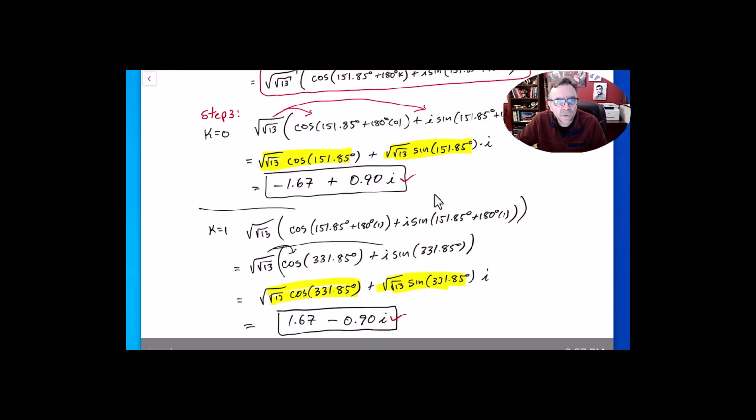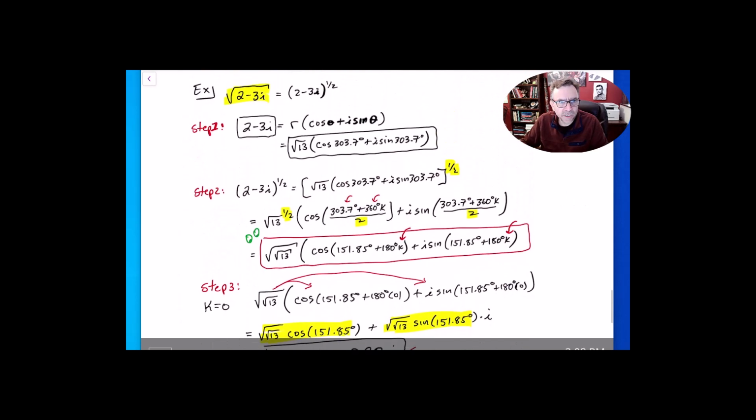Awesome. Okay, so I know that's kind of complicated, but you can take it slow. Just as a quick recap, you want to write the radical to the 1/2 power. Get the trig form, that's step number 1. Once you get the trig form, you can apply DeMoivre's theorem for roots. It looks a little different. It's got this plus 360k going on. So when we divide both of those by 2, we get a formula in terms of k.